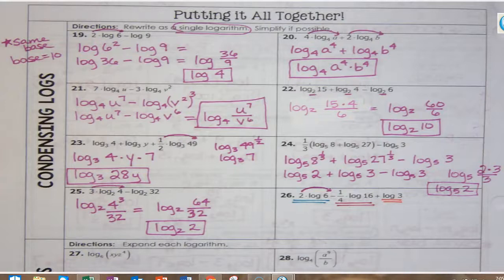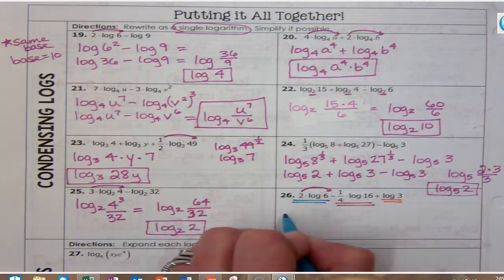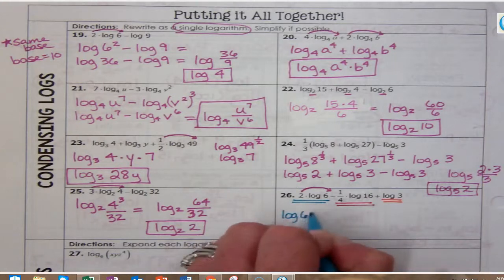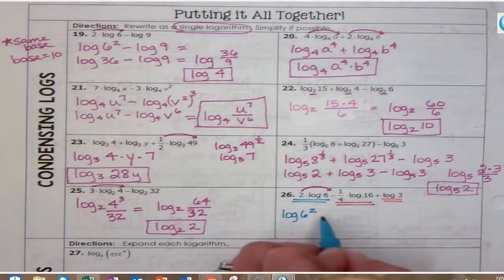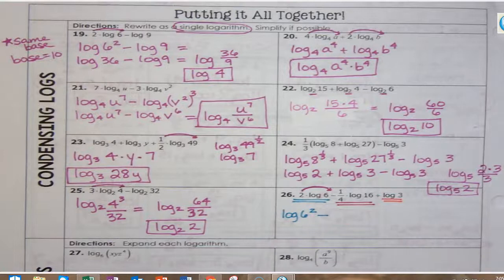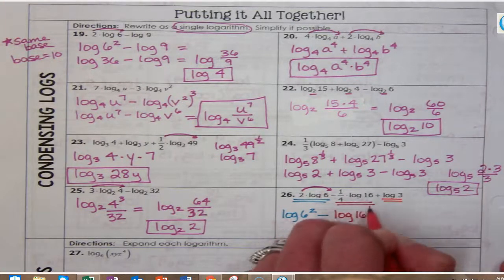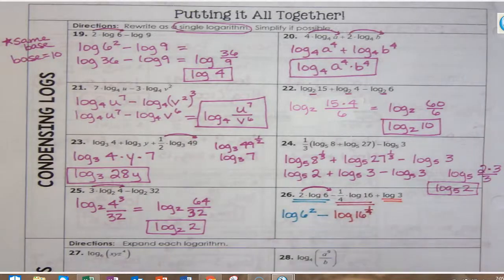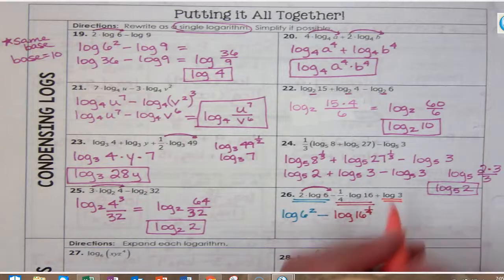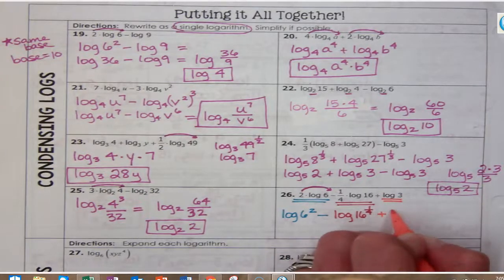That's how the plus and minus signs are what separates them out. So you've got the blue one, log 6 squared, minus log 16 to the 1/4. That's actually the 4th root of 16, plus log 3.